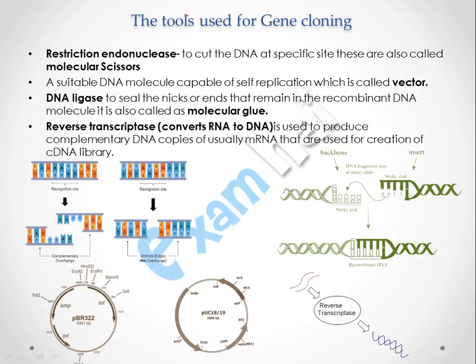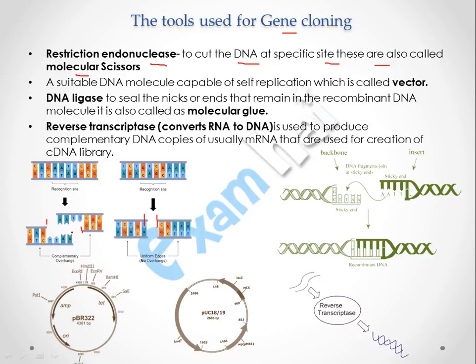Now the tools used for gene cloning. These are the tools which are used in gene cloning. First of all, restriction endonuclease to cut the DNA at a specific site, and these are called the molecular scissors. Restriction endonuclease cuts at a particular specific site, and therefore it is called molecular scissors.